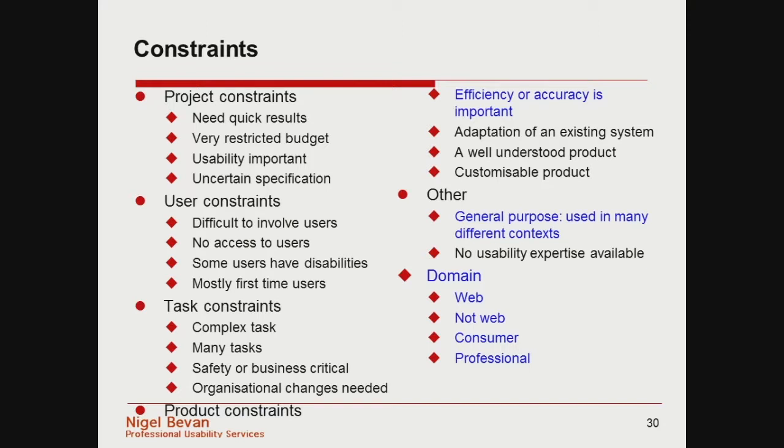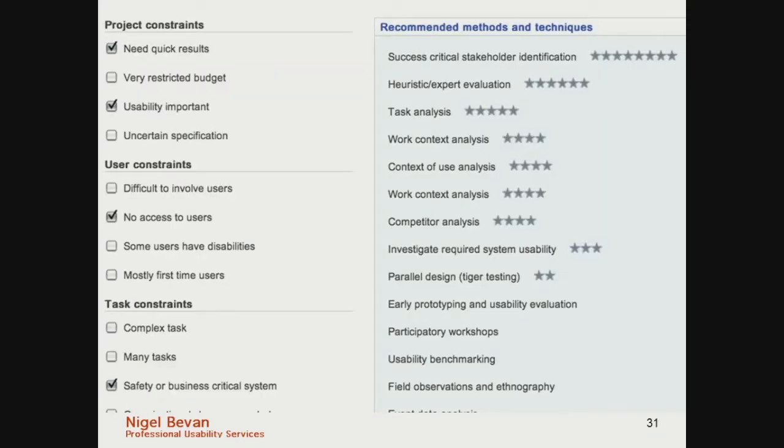To actually help people think about this, what the tool does is it lists the constraints and people select the constraints that are appropriate. Rather like that simple usability net version I showed you where you tick the boxes and it highlighted the methods which are appropriate. Here, as you tick the boxes, the list of potential methods changes with the most appropriate ones at the top.